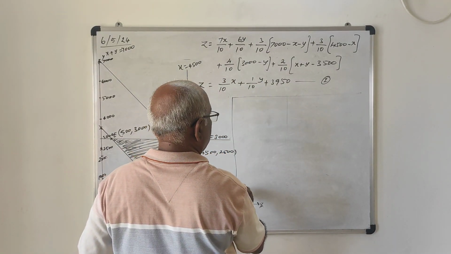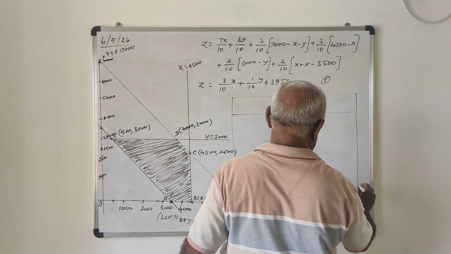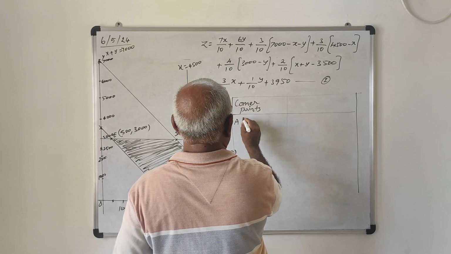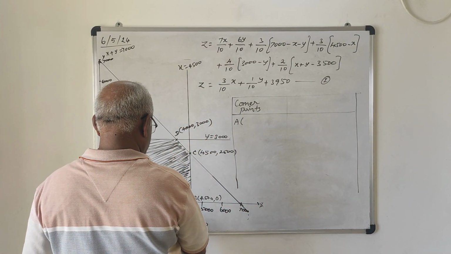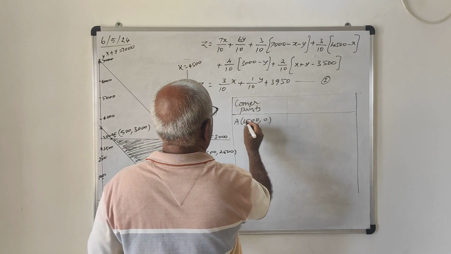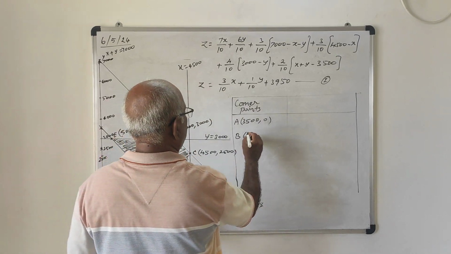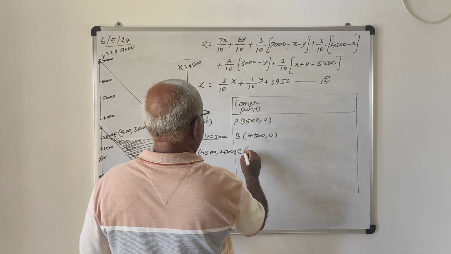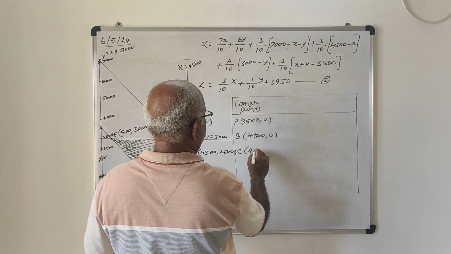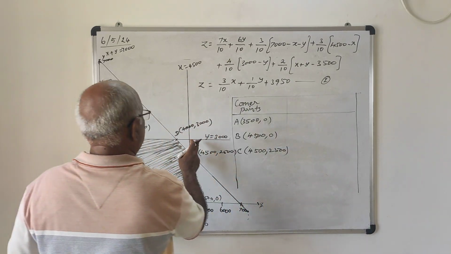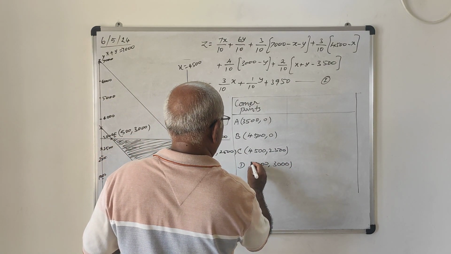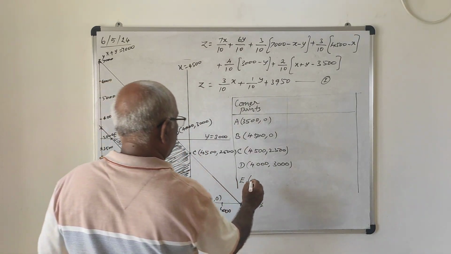From this table, the corner points are A (3500, 0), B (4500, 0), C (4500, 2500), D (4000, 3000), and finally E (500, 3000).